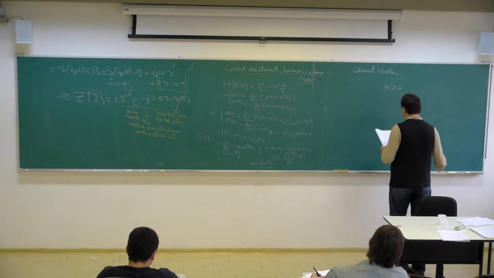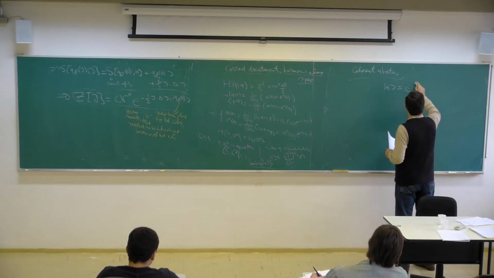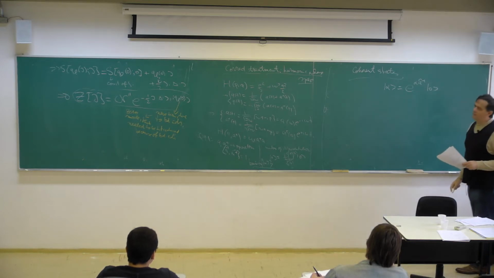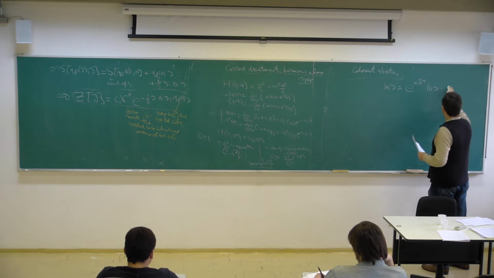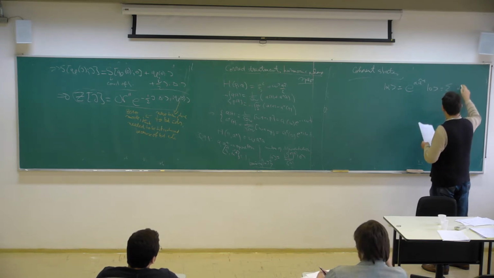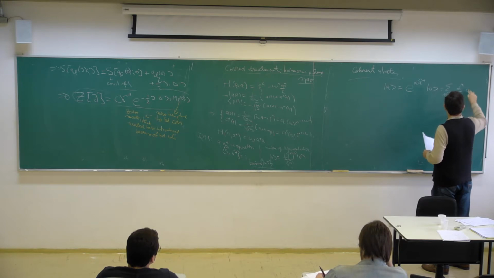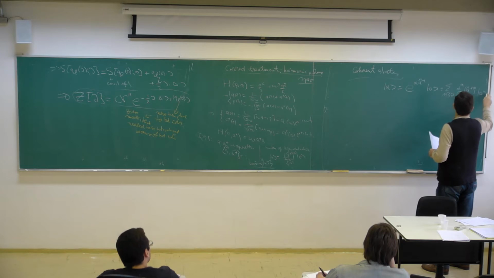So then I would generate these states, e to the alpha A dagger acting on 0. In other words, this is alpha to the n over n factorial, A dagger to the n acting on 0.